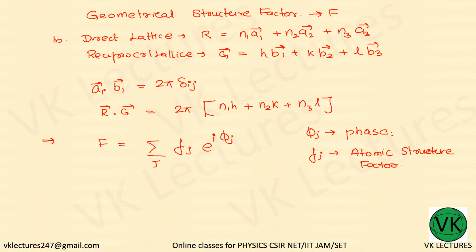And what is this phi j phase? Phi j phase is equal to vector r dot g, which is nothing but 2 pi times n1 h plus n2 k plus n3 l.